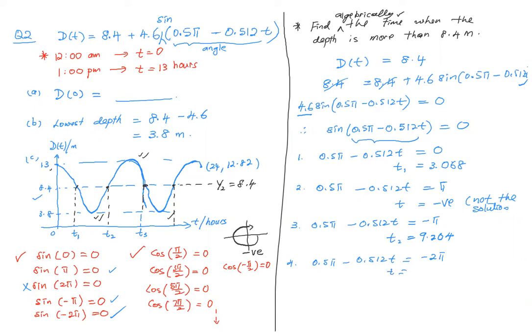What you need to do, you just go to your calculator, change to 2.5 pi. What do you get? Do you get 15.3334? Okay. Yes. Okay, so now we go to our last one.